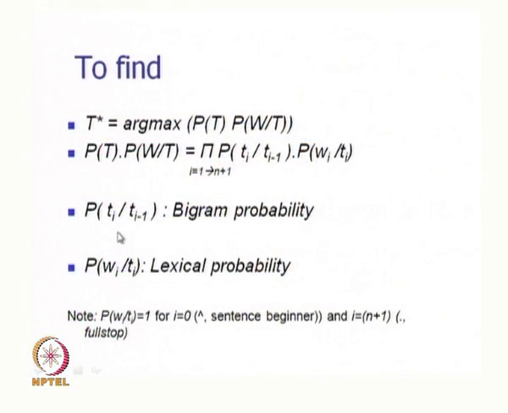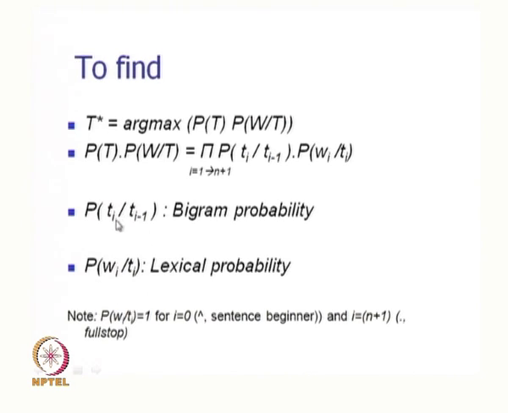and the application of Bayes' theorem converted P(T | W) into 2 probabilities, the prior probability P(T) and P(W | T). So, this was treated for bigrams and lexical probabilities, and finally, we got that product expression. If we look at the formula, we find that we need to compute the probabilities P(T_i | T_{i-1}) and P(W_i | T_i).